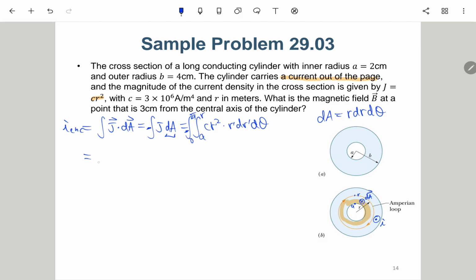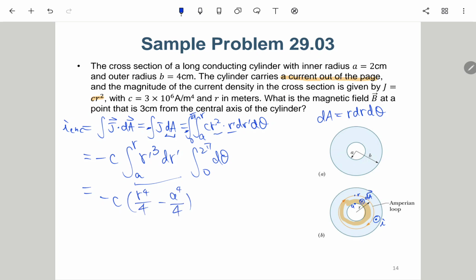So finally, we have a negative C, and then the integration of r prime cubed, dr prime from a to r, and then the integration of d theta from 0 to 2 pi. So finally this one is r to the 4th power over 4. So minus C, and then r to the 4th power over 4 minus a to the 4th power over 4, times 2 pi.